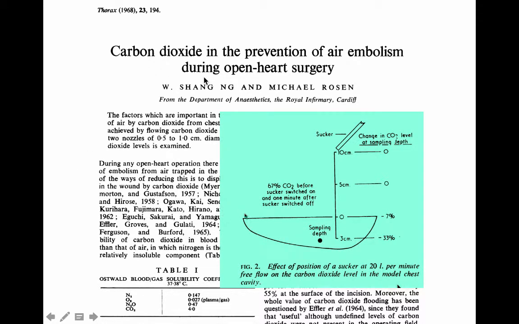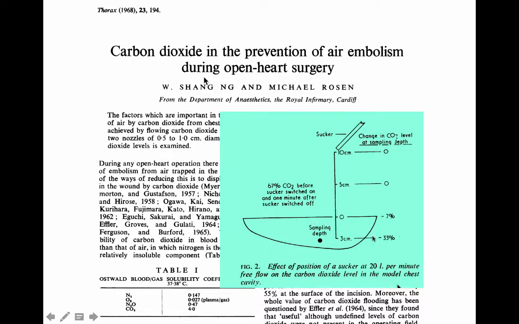And so they had a model chest cavity, and here's the chest cavity. CO2 was being filled, and they used a sucker to see at what point was the CO2 being retained in the chest. And when 67% of the CO2 before the sucker was switched on, and 1 minute after the sucker was switched off.